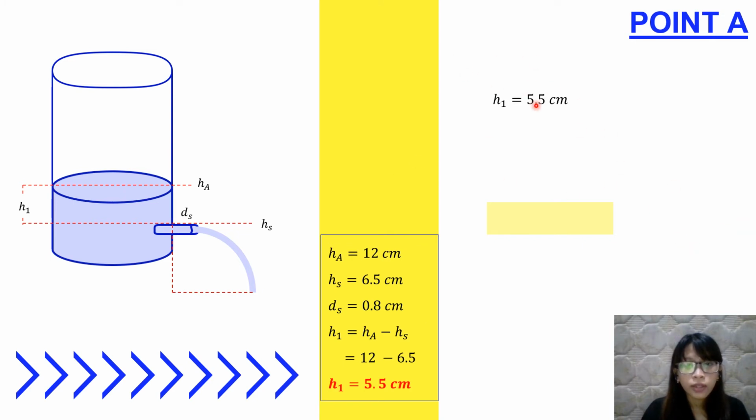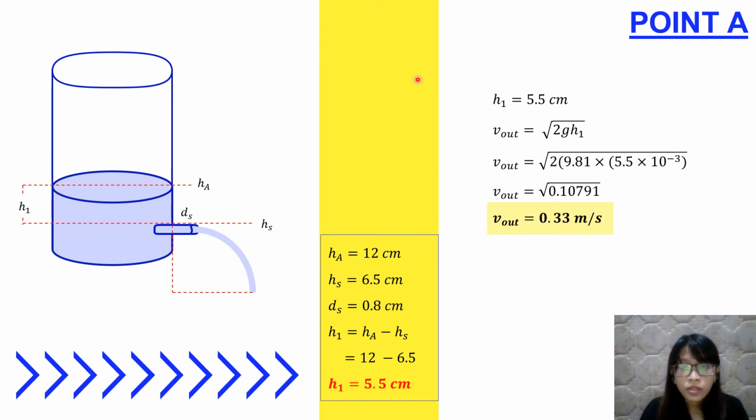Now we compute it into the formula of V out. V out equal to square root of 2gh1. We put everything here, and then we get the value of V out is 0.33 meter per second.